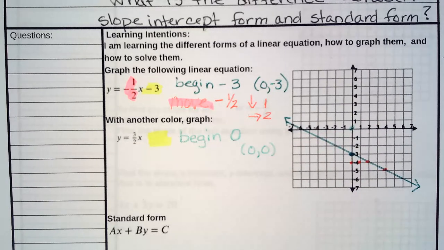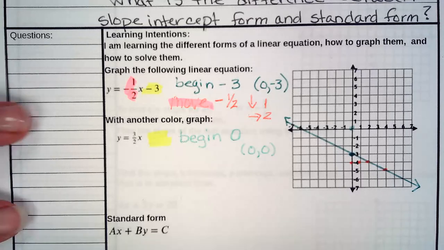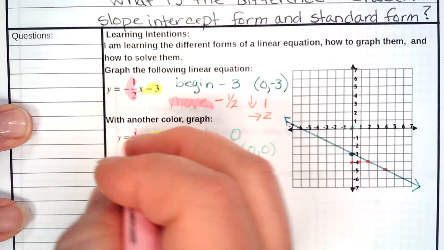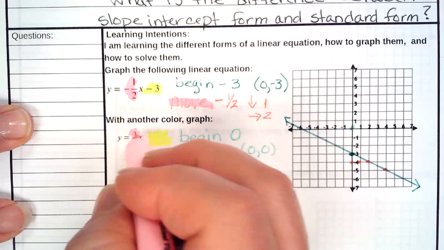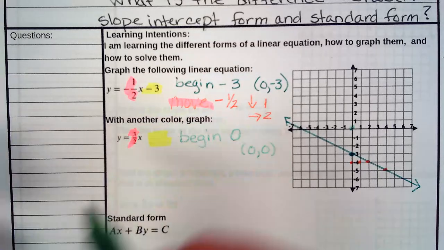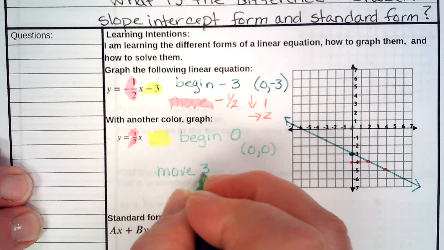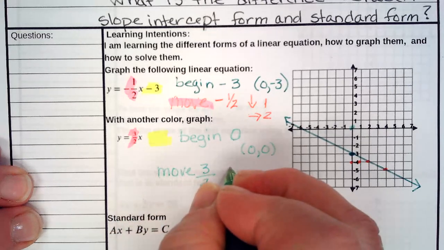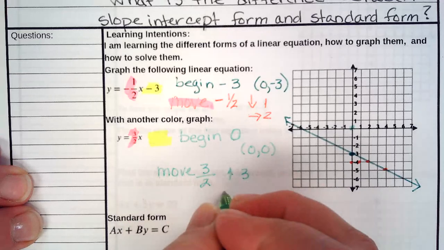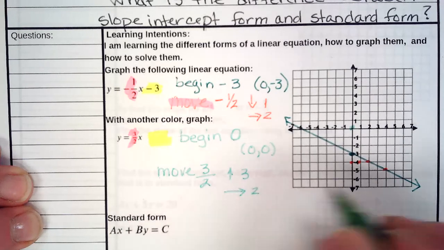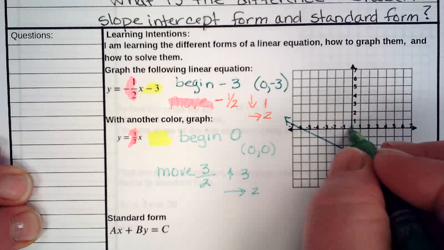Okay, to move, it's +3/2. That means you go up 3 and then you go right 2. So I start at the point 0, 0.